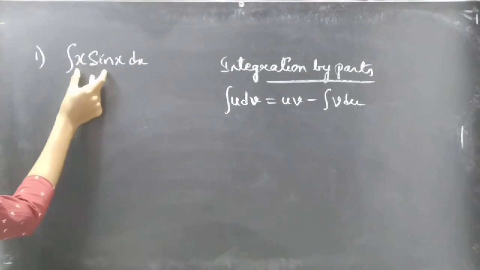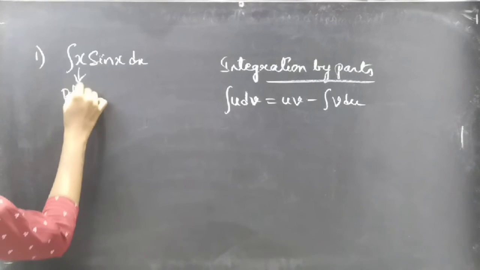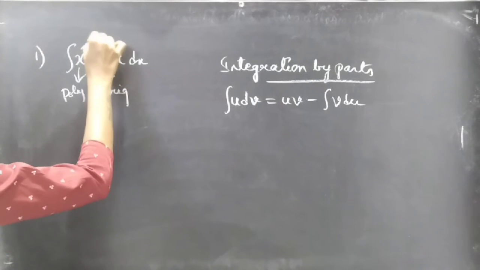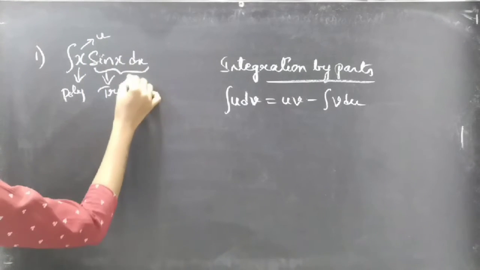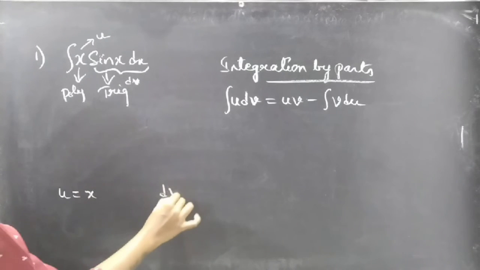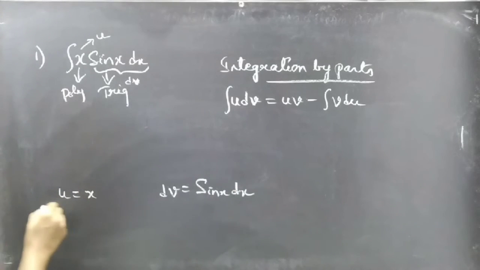Here the integrand is of the form product of a polynomial and a trigonometric function, right? Let's consider the polynomial function as u and the remaining part as dv. So we have u equal to x and dv equal to sin x dx, right? Here differentiate on both sides with respect to x.